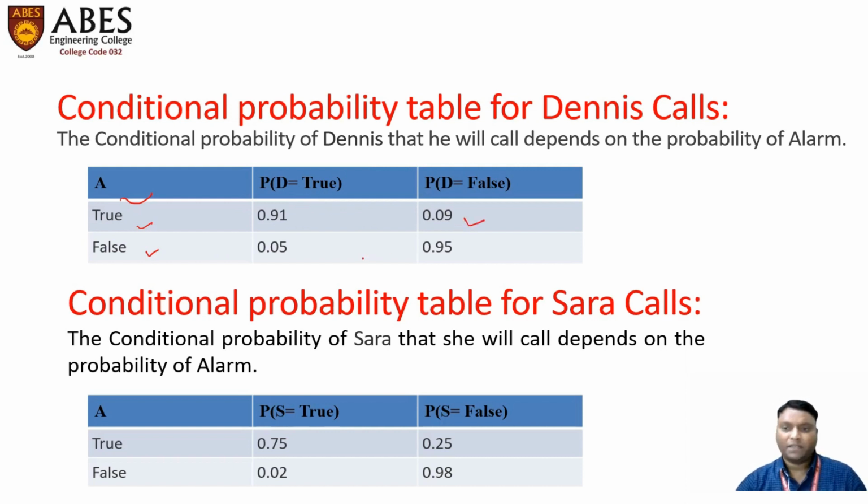In the same way, if the value of alarm is false, then the probability of Dennis calls is 0.05, and the probability of Dennis not calling is 0.95. In the same way, the conditional probability table for Sarah calls is also given based on the parent, and Sarah and Dennis have only one parent, alarm. So these are the conditional probability tables, which are also called CPT.